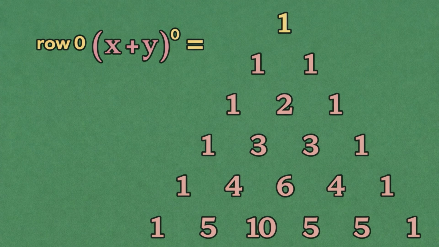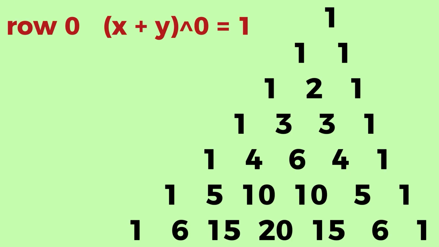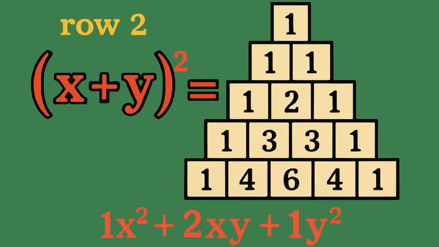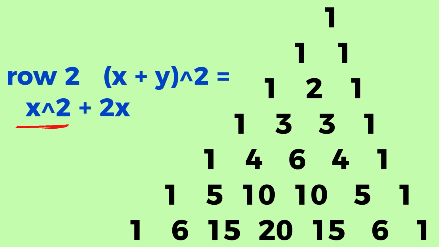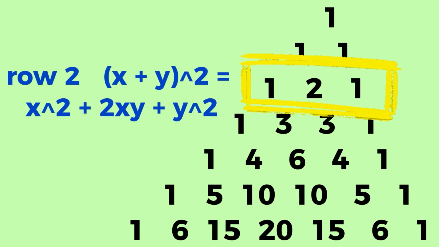For example, when the power is 0, the expansion contains only one coefficient, 1. And that matches the top row of the triangle. When the power is 2, the expansion produces 3 coefficients, 1, 2, and 1. And these are exactly the numbers that appear in row 2 of Pascal's triangle.